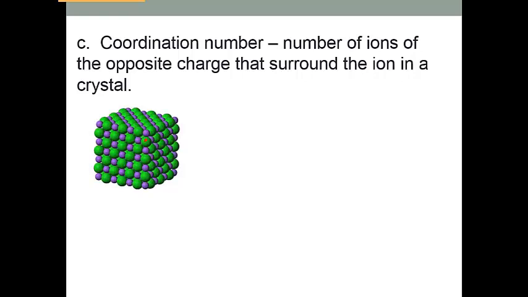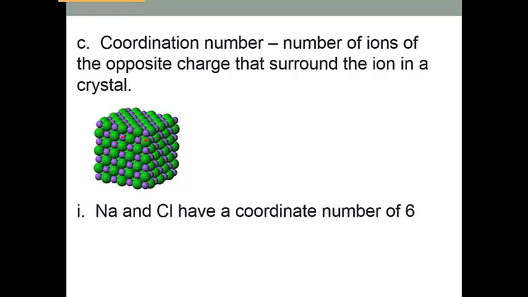And because there's one sodium for every chlorine, if we took a look at one of the purple ones here and looked at how many ions were around it, it would also have 6. So sodium and chlorine have a coordination number of 6.